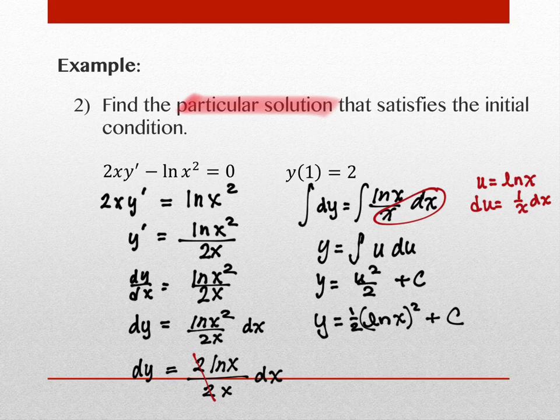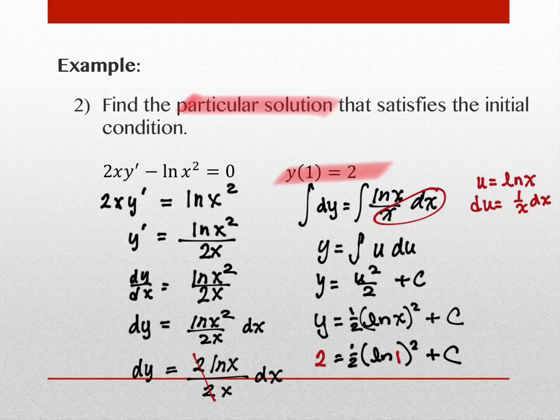But I'm not supposed to be finding an answer with c at the end, right? So what do I have to do next? Yeah, they give us a piece of information that we get to use. They tell us that when x is 1, y is 2. That's what this statement means. So I can take the 2 and put it in for y, and I can put the 1 in for x. Like so. All right, so what is the natural log of 1?